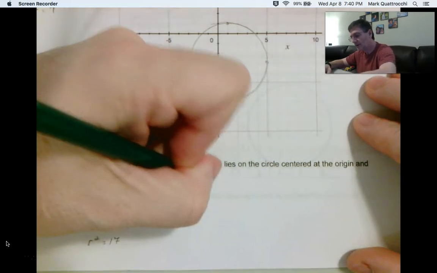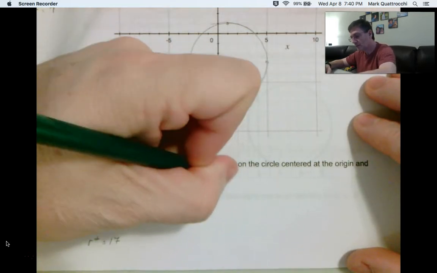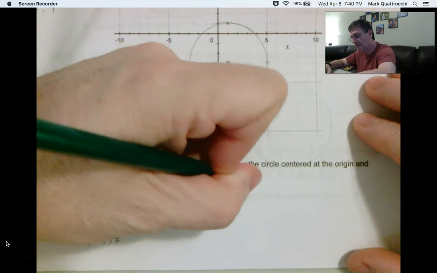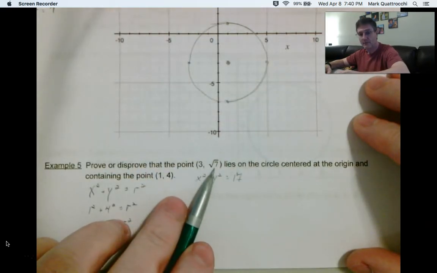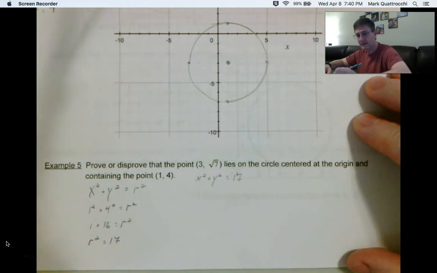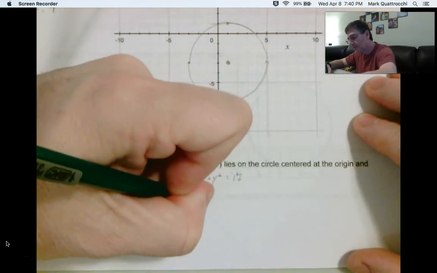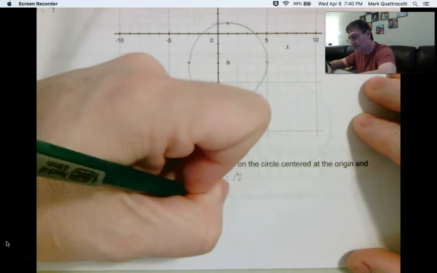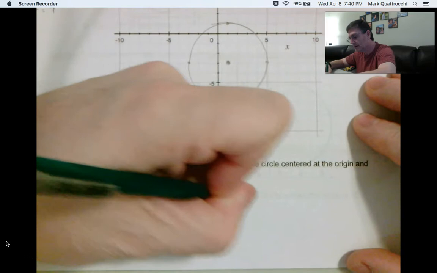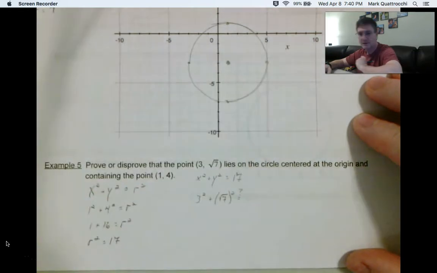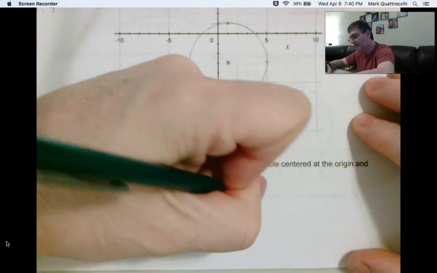So I have the equation x squared plus y squared equals 17, and I want to see, does 3 comma square root 7 work in this equation? So 3 squared plus square root of 7 squared equals, question mark, 17.